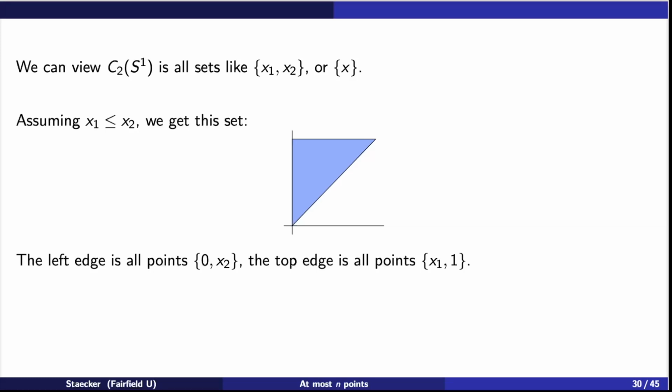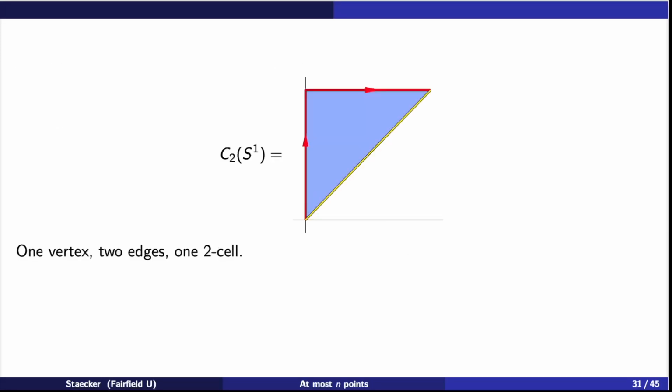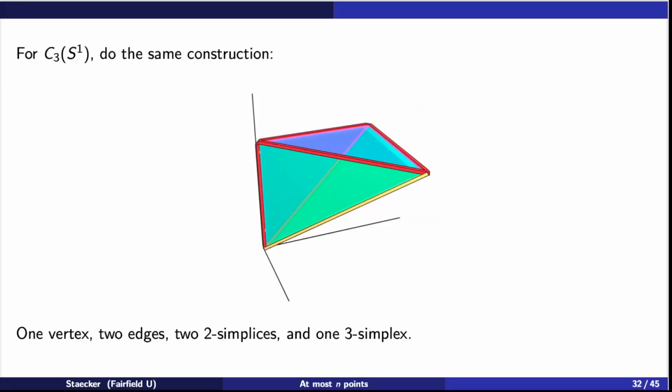The left edge is all ones where one of the coordinates is 0, and the top edge is where one of the coordinates is 1, but those on the circle are equivalent. So we have to identify the left edge with the top edge. And we get this kind of identification space. And if you think about the arrows and such, this is a Mobius band. So apparently, this configuration space on S1 is a Mobius band.